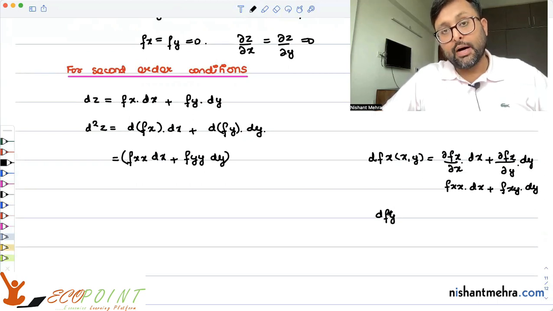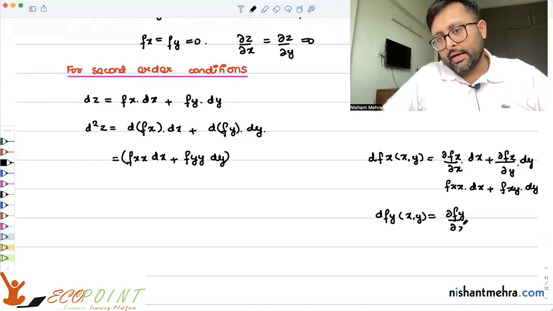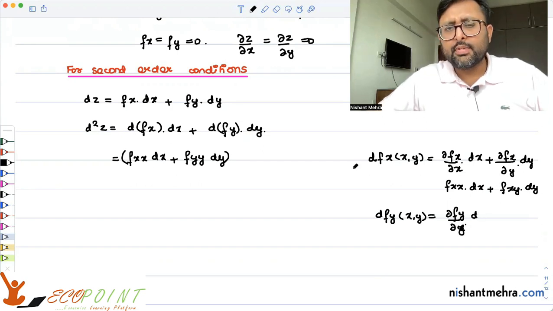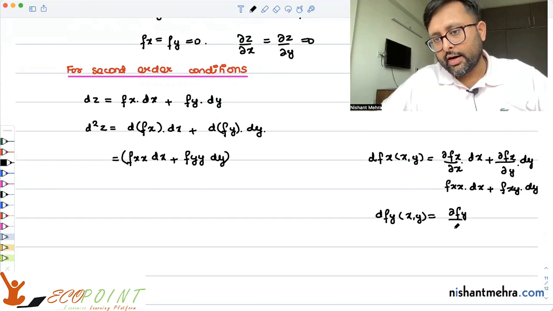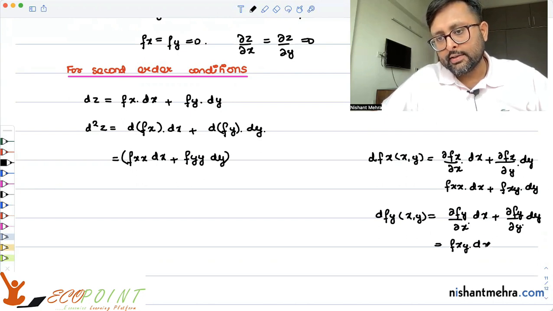And I have told you yesterday also that if you want to write the total differential of the partial derivative of y, that is going to be del fy by del x dx plus del fy by del y dy. So this is fyx dx plus fyy dy.